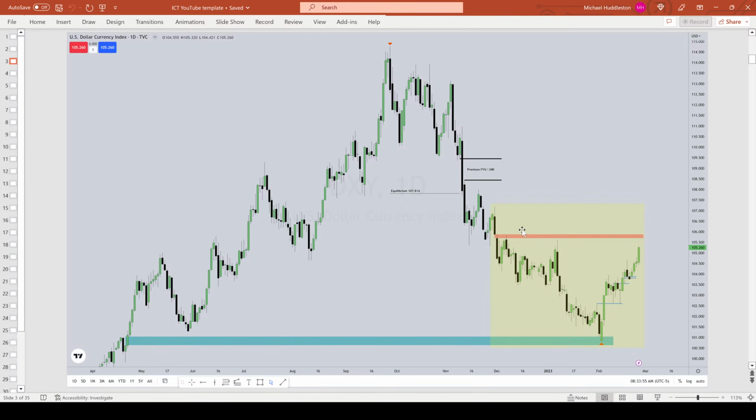the draw on liquidity, which even through all this period here, we were looking for higher prices, meaning lower prices for what? Index futures, lower prices for euro dollar, lower prices for cable, pound dollar, all foreign currencies lower, dollar higher, stocks lower, because with the dollar rallying, that's risk off.